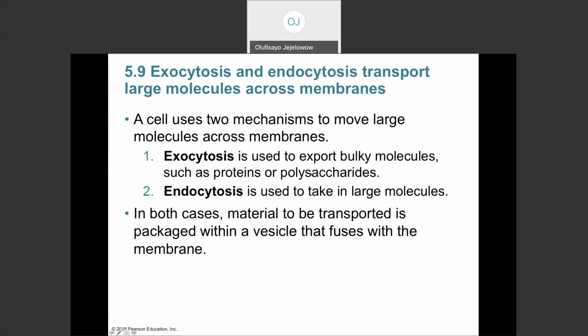Exocytosis is used to transport bulky molecules such as proteins or polysaccharides from the inside to the outside of the cell. Endocytosis, endo, inward coming, is used to take large molecules into the cell. In both cases, materials are packaged in vesicles, and these vesicles of biological membrane fuse with the other biological membrane.